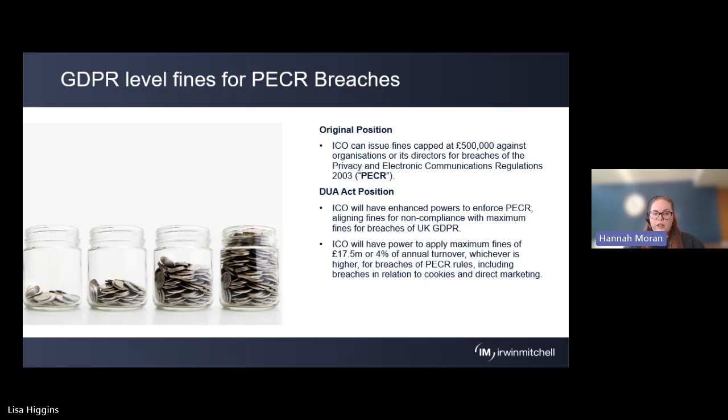But under the new position, there'll be enhanced enforcement powers. So the fines will be aligned with the UK GDPR maximum, which is up to £17.5 million or 4% of annual global turnover, whichever is higher.